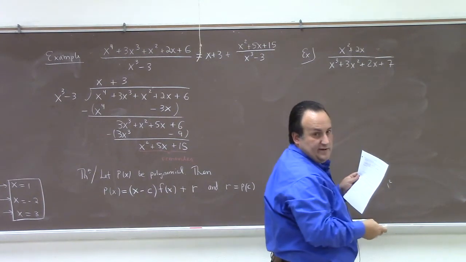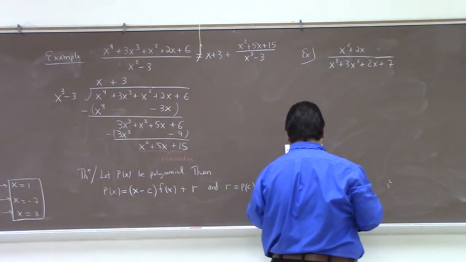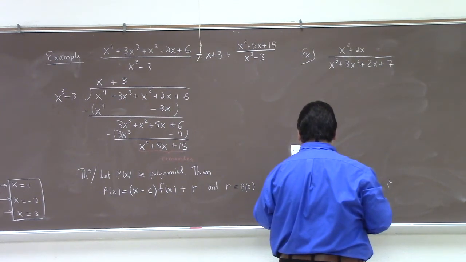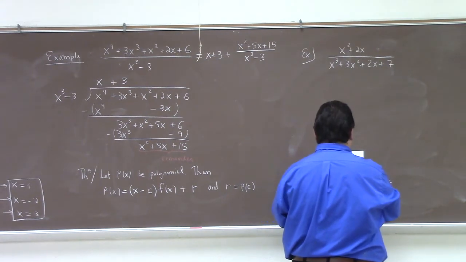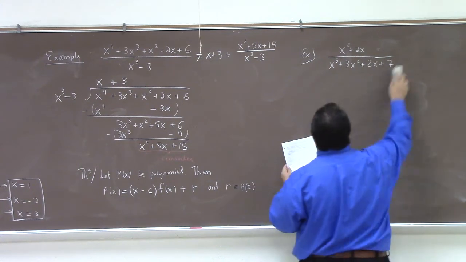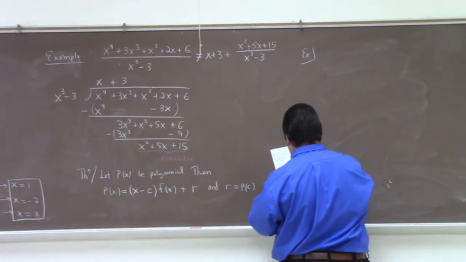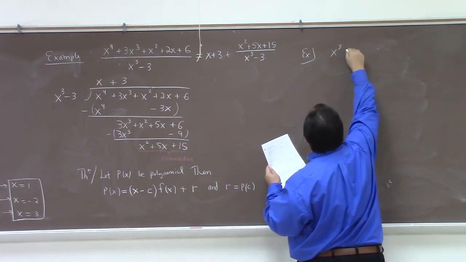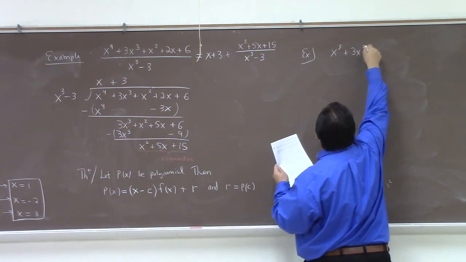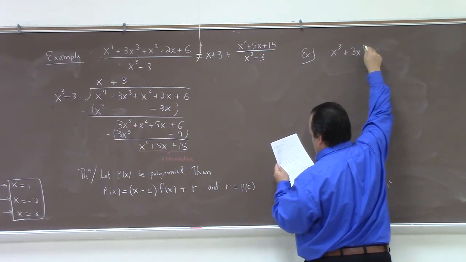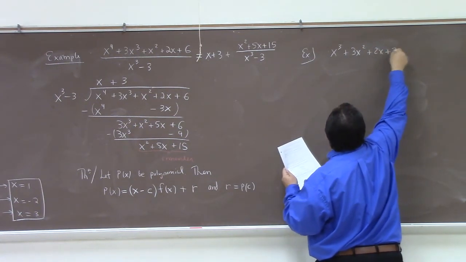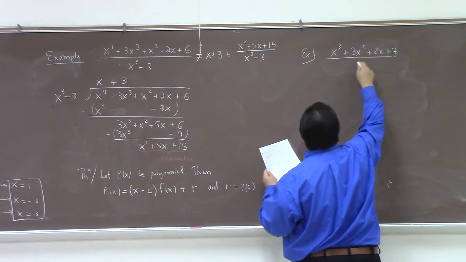All right, let's calculate that. No, that's not what I want. I'm sorry, my apologies. I want to say I'm going to divide x cubed plus 3x squared plus 2x plus 7 by x plus 1.